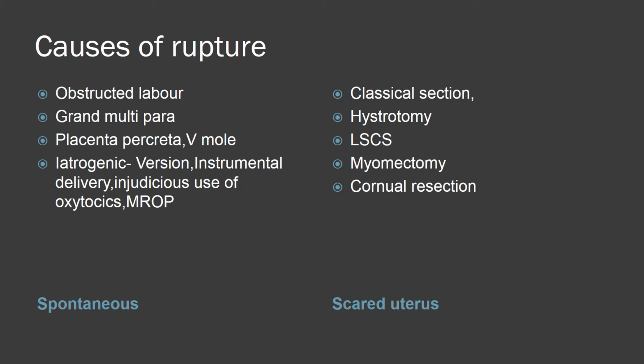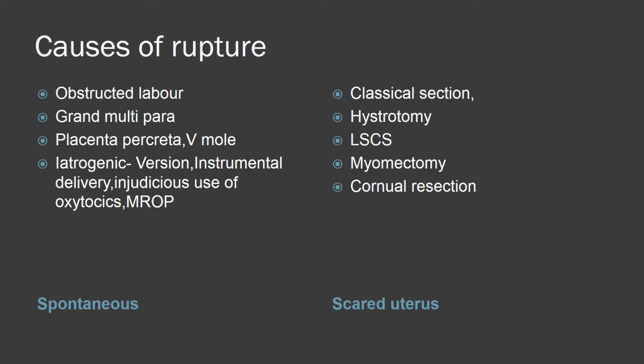Use of oxytocics for augmentation and induction of labor, if not selected properly, can result in rupture of uterus. Another cause is manual removal of placenta, where if there is no plane of cleavage, one may encroach on the myometrium and cause damage to the uterus.